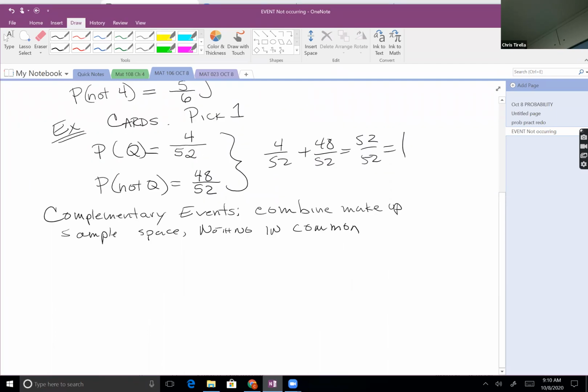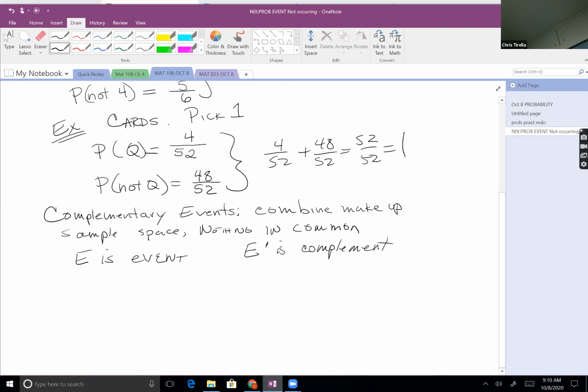And so if E is an event, E prime is its complement.